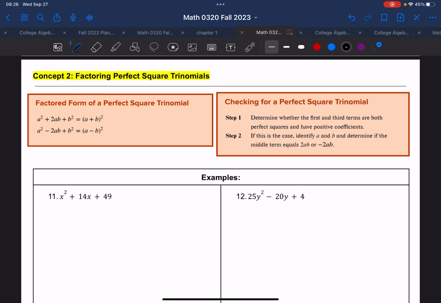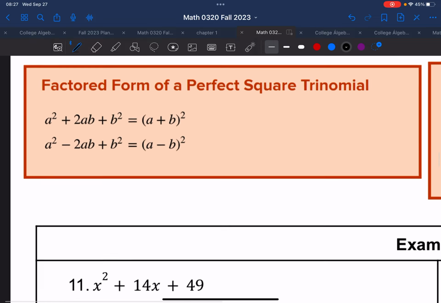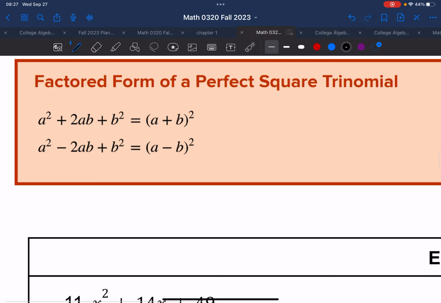Okay, so now we're looking at the concept of factoring perfect square trinomials. In order to place a trinomial into the factored form of a perfect square, we have two examples here. If our problem is a squared plus 2ab plus b squared, that tells us the middle part is going to be positive and double the a and b value.